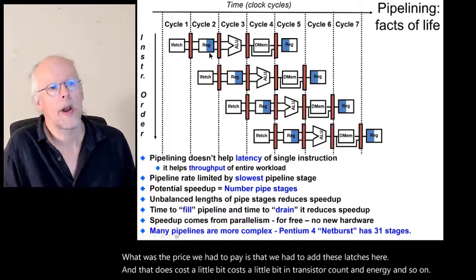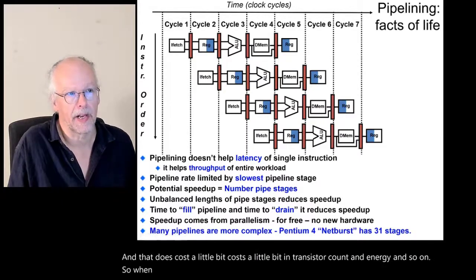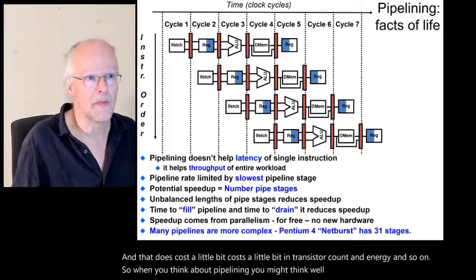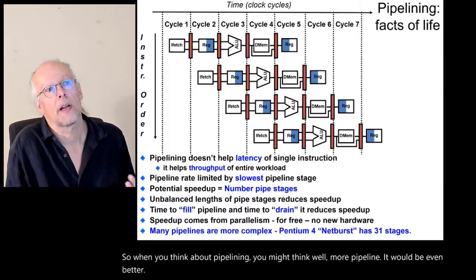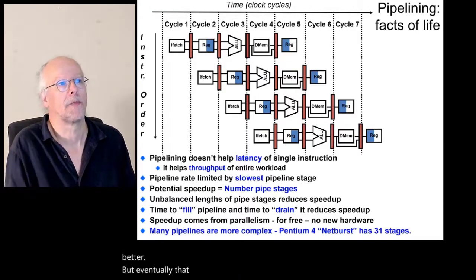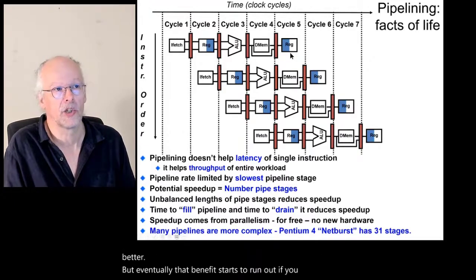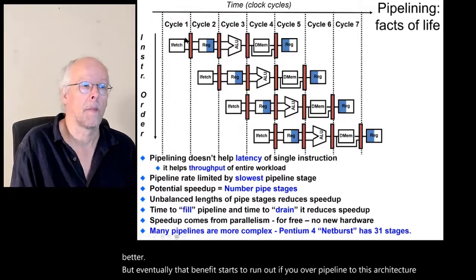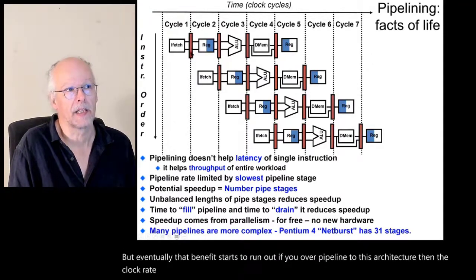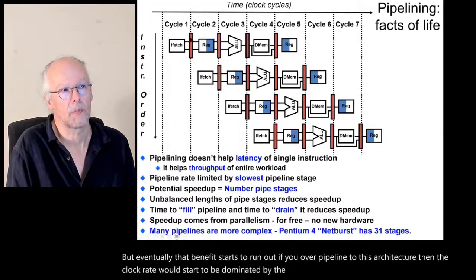So when you think about pipelining, you might think, well, more pipelining would be even better. But eventually that benefit starts to run out. If you over-pipelined this architecture, then the clock rate would start to be dominated by the time the signals spent in these latches, in these red latches here.